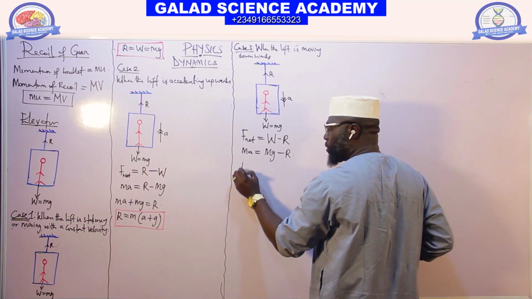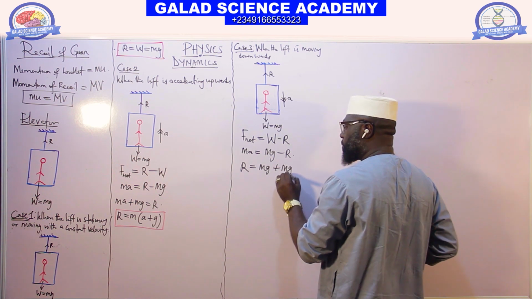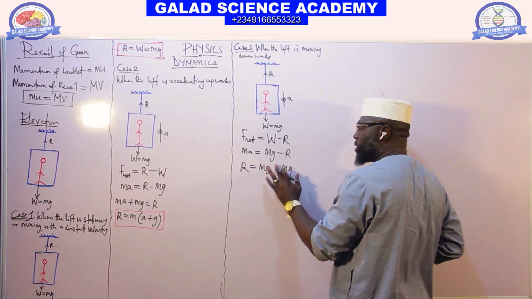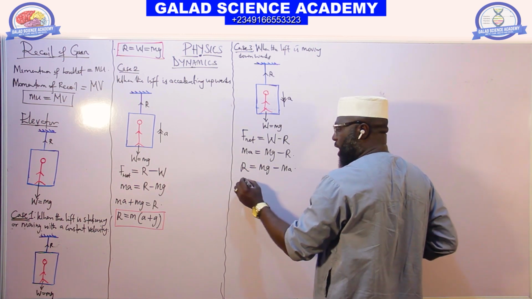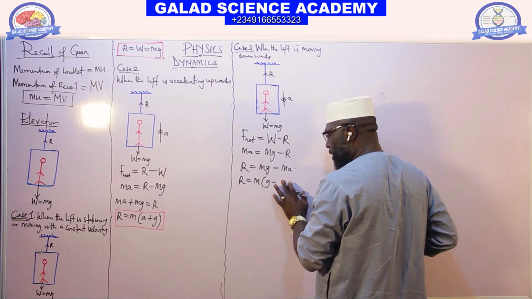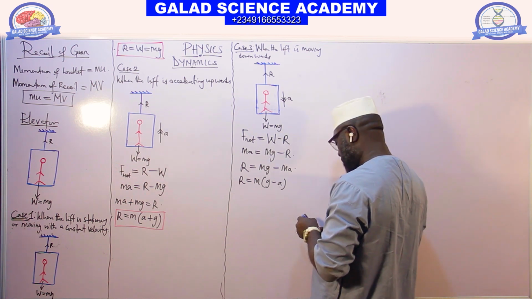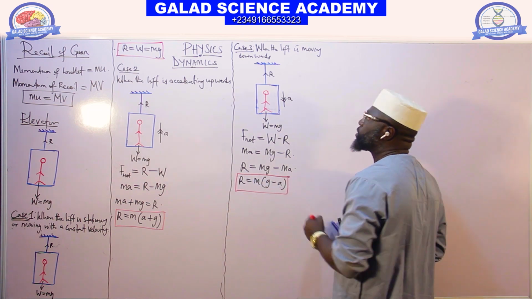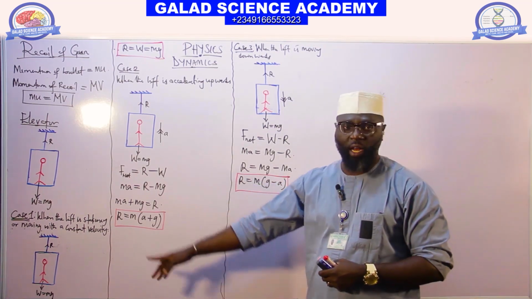By rearranging, we have R equal to mg minus ma. You now have R equal to m(g minus a). That is the answer for the downward lift. This one is for the upward, and that one for the stationary.